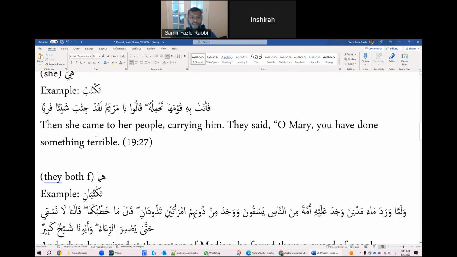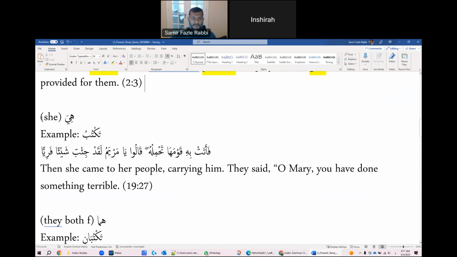All right. So the next one here, you can start all the way at top here. She here, and the example is تكتب. Can you read the ayah?